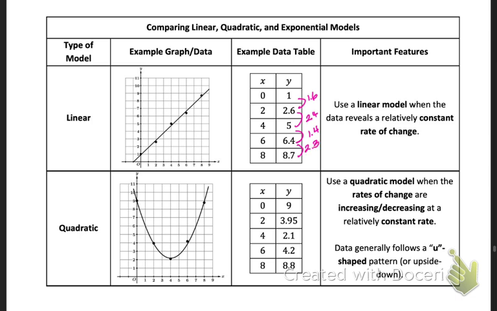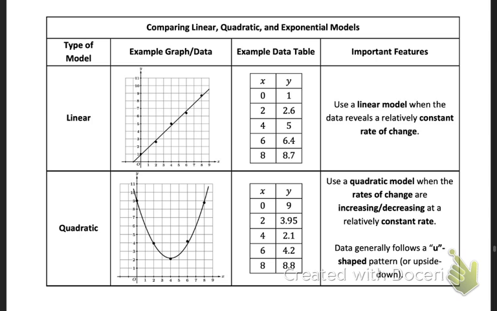So it's not exactly the same, but it is roughly about the same amount, somewhere between 1.5 and 2.5 all of the time. Is it perfect? No, because data is very rarely perfect. But if your data shows a relatively constant rate of change, again, over equal input intervals, otherwise you would need to look at the full average rate of change using the formula, then you would choose linear.